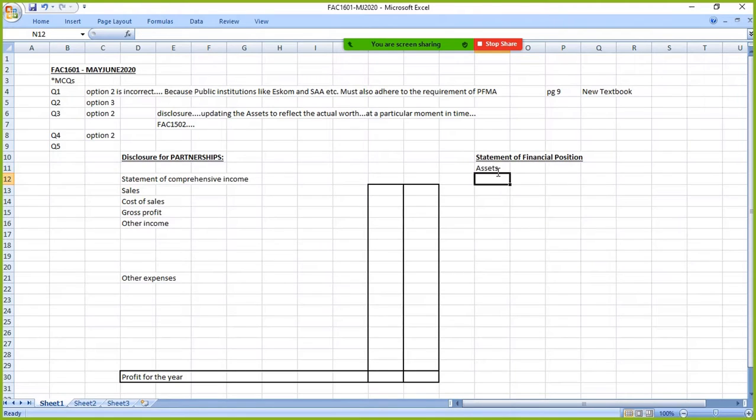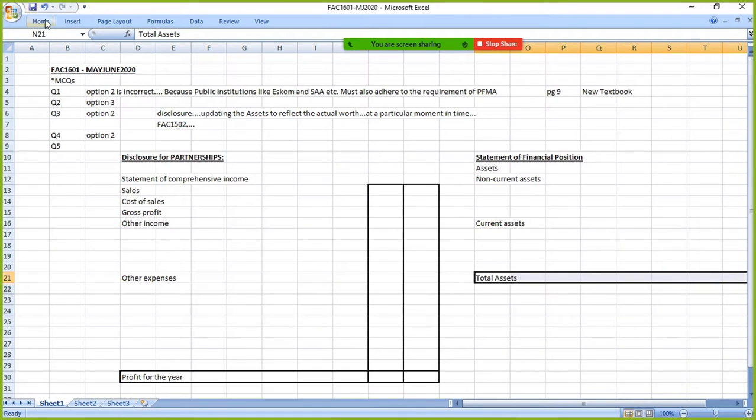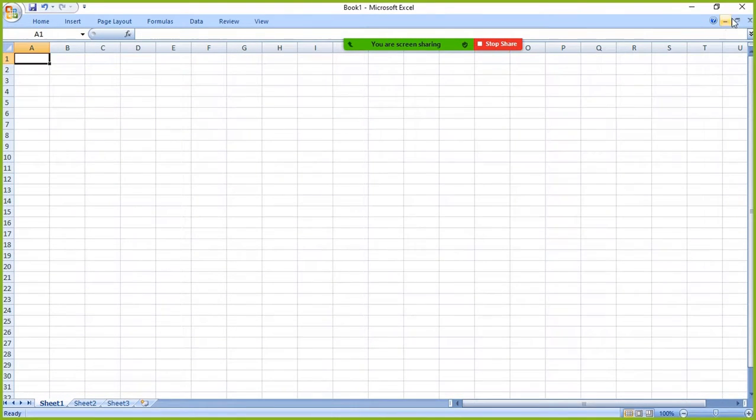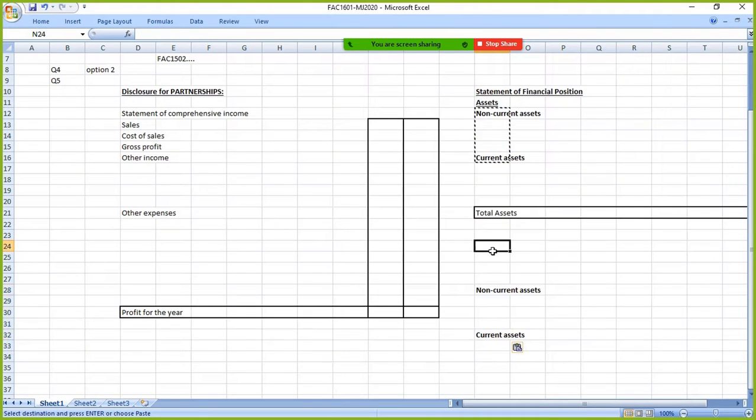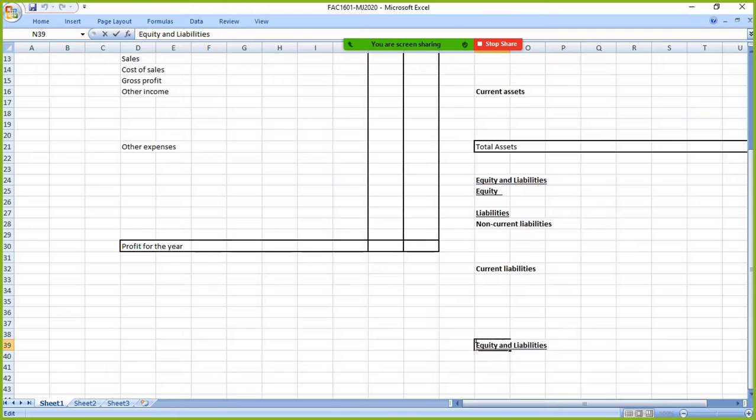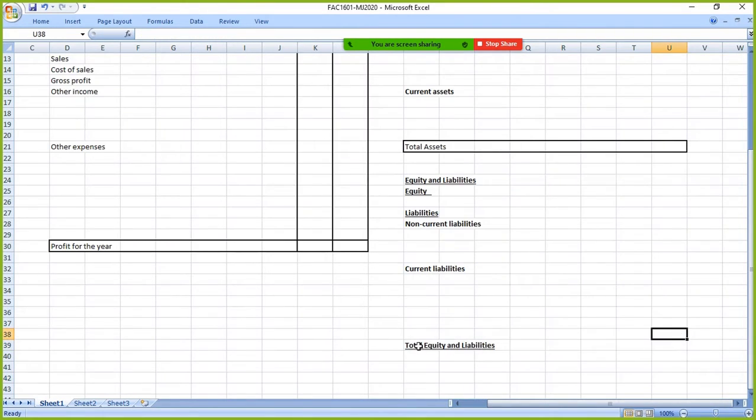Okay, and then here I need to disclose assets. Okay, that's what I'm going to be drawing up.